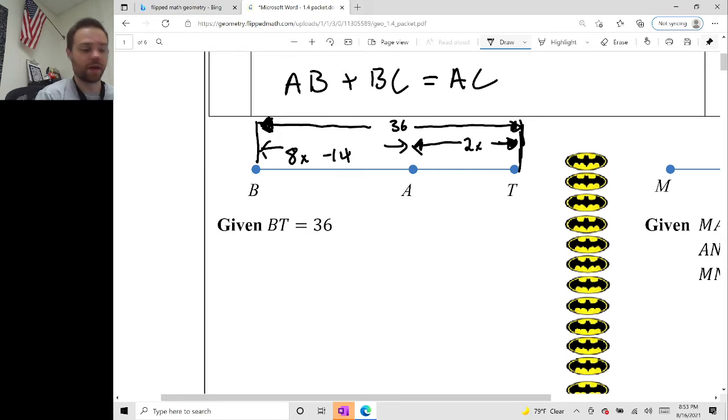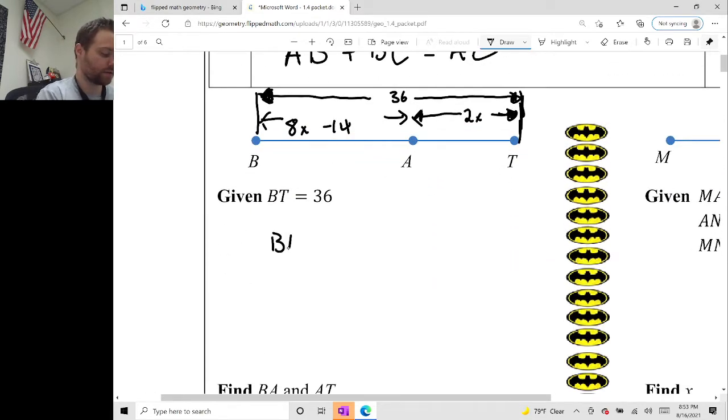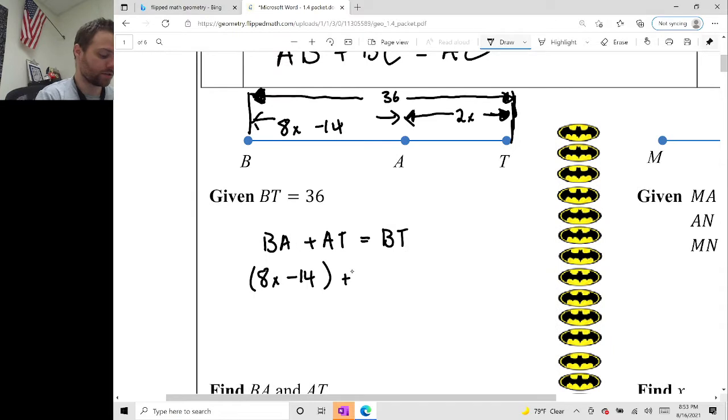Okay? So what do I have? From that addition postulate, I've got BA, the distance from B to A, plus AT, the distance from A to T, is going to equal the entire distance, which is BT. Okay? So from here, I can start to plug and chug things in. So I've got BA is 8x minus 14, plus AT, which is 2x.